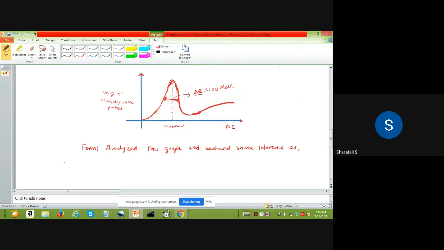The hill indicates that the majority of pi plus, that is pions, actually interacted with the protons momentarily to form a new particle.